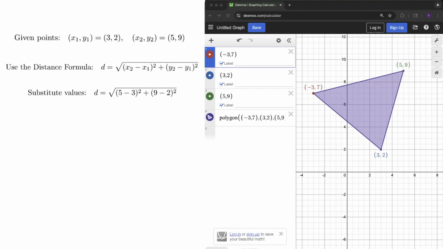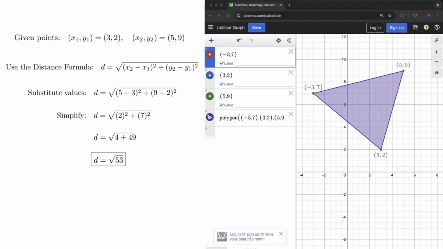At this point, we're just calculating inside the distance formula. 5 minus 3 gives us 2, and 9 minus 2 gives us 7. We square those results and get 4 plus 49, which gives a final answer of 53 inside the square root.